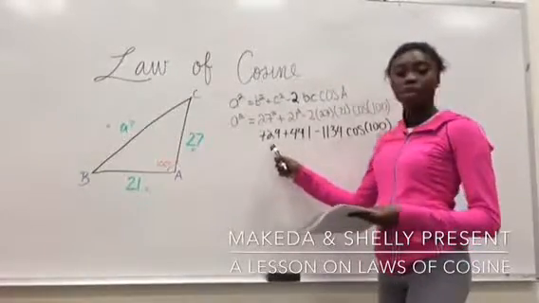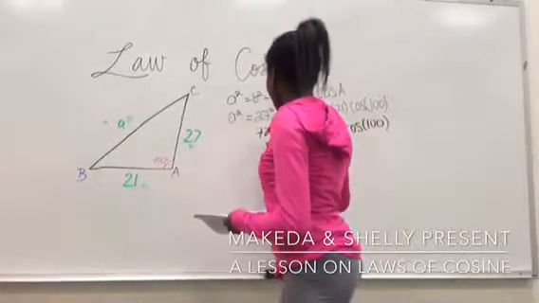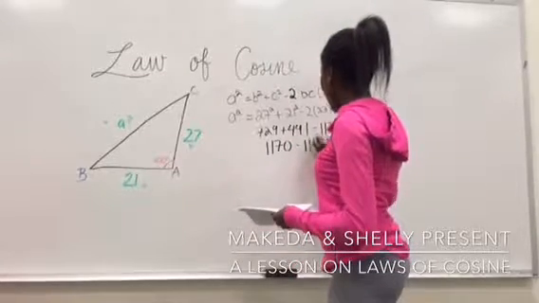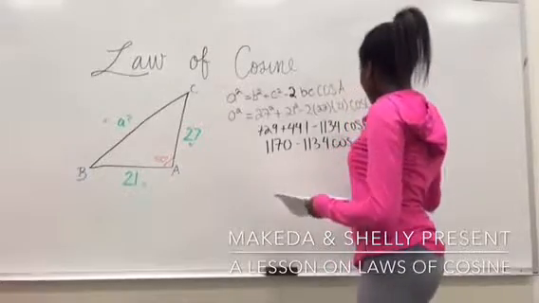You then add 729 plus 441, which gives you 1,170, minus 1,134 times the cosine of 100.